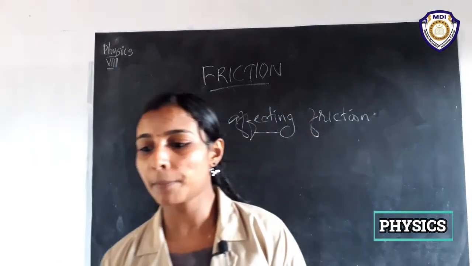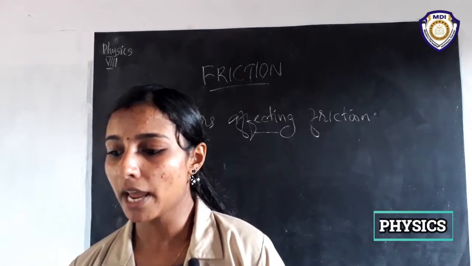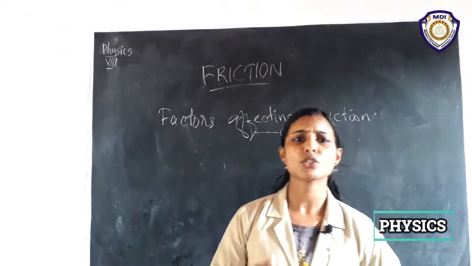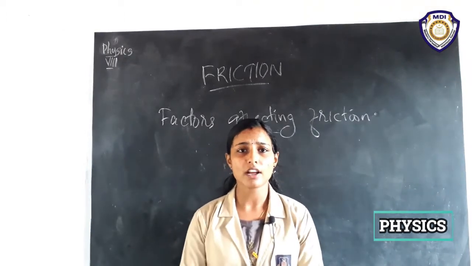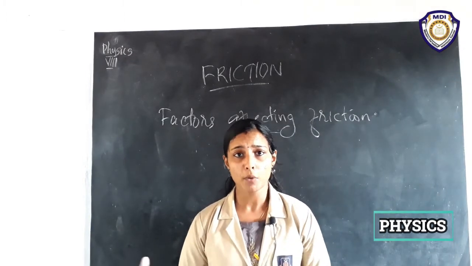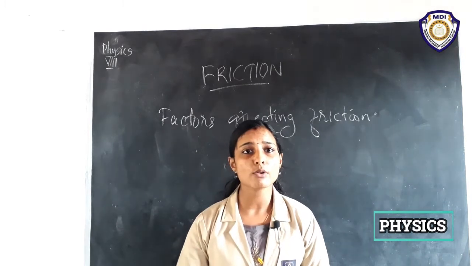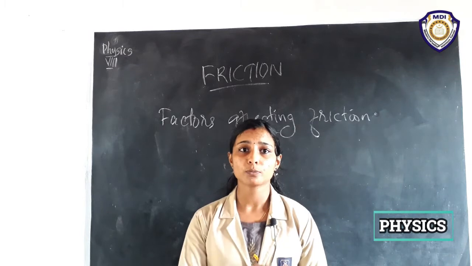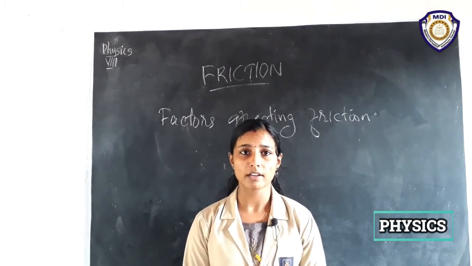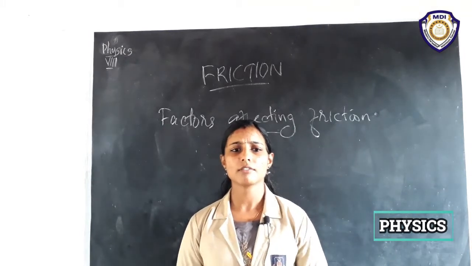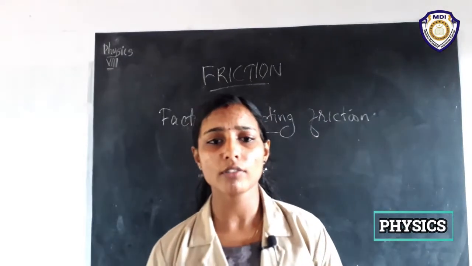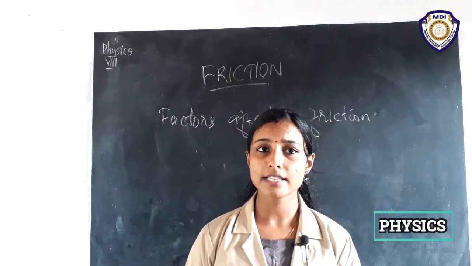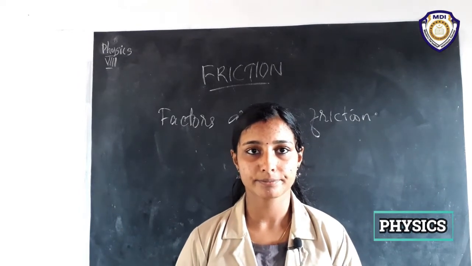Now repeat the activity by wrapping a piece of jute bag around the brick. What do you observe? Jute bag is somewhat rougher than the polythene cover. So the reading of the spring balance becomes more compared to the polythene cover, and the reading is highest in the first case.